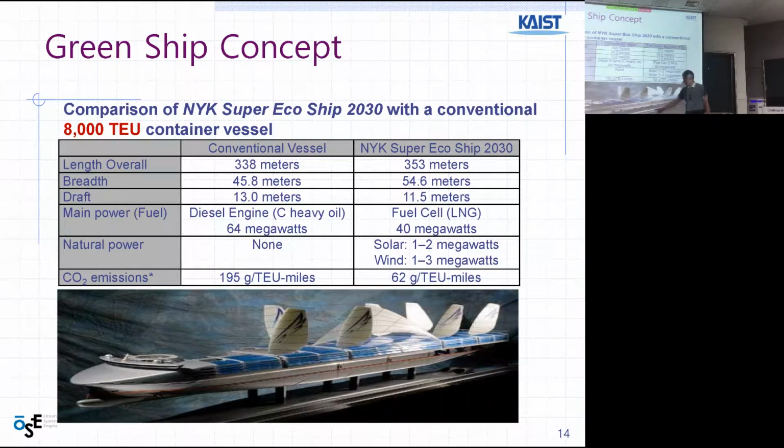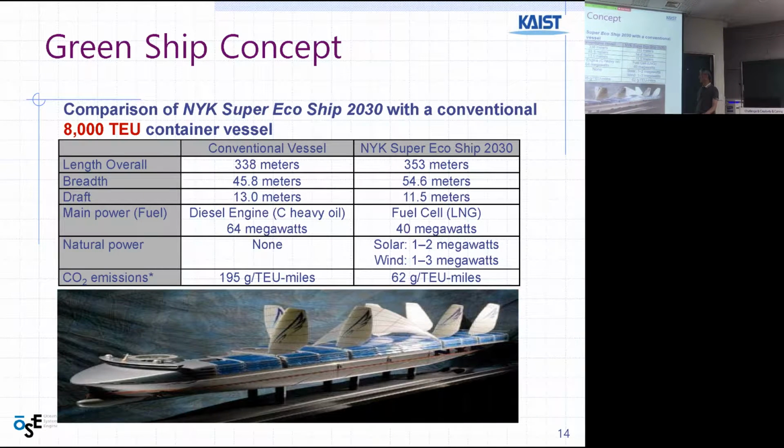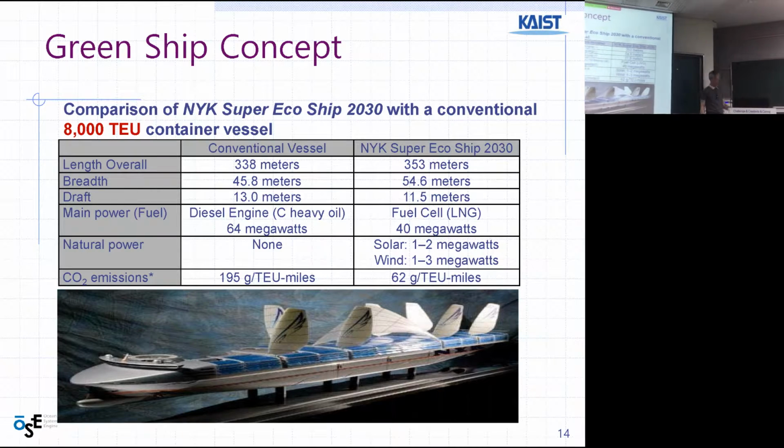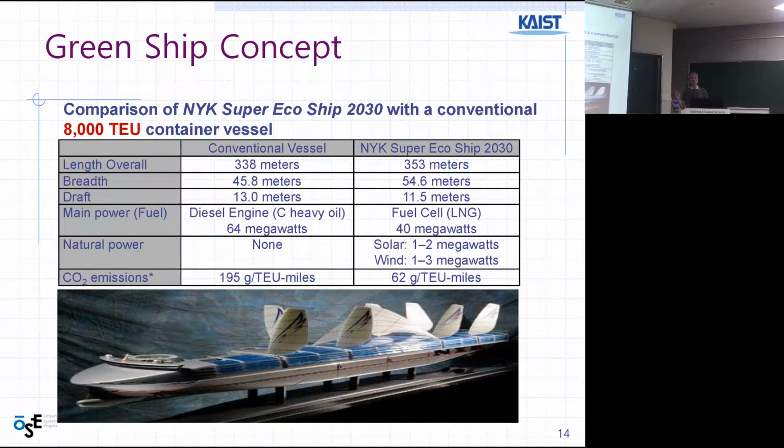You can see that this is the submerged part, so they have less, how can I say, wave forces to the hull. And then 8,000 TEU, fuel cell, right? And then solar and wind. Right? So the CO2 emission is very good. It is not constructed yet. This is just a concept ship.